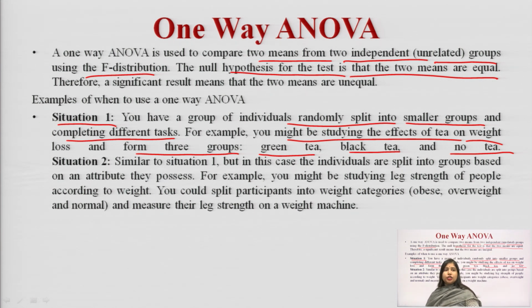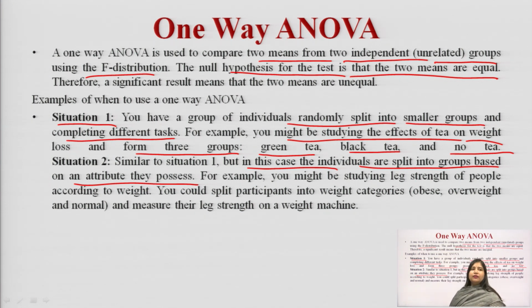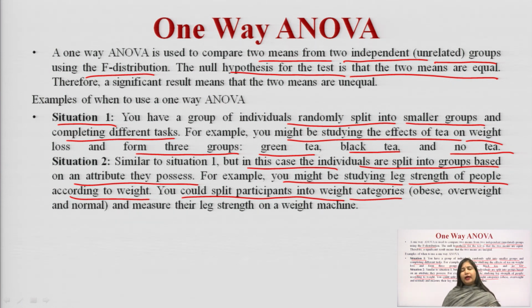In situation 2, we do something similar to situation 1, but in this case the individuals are split into groups based on an attribute they possess. In the first situation you randomly divide the groups, but in situation 2 you choose or divide the groups on the basis of an attribute of the population. For example, you might be studying the leg strength of people according to weight, and you could split the patients into weight categories, meaning you try to establish the relationship between weight and strength.